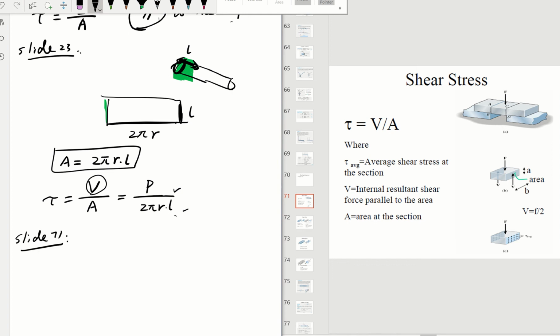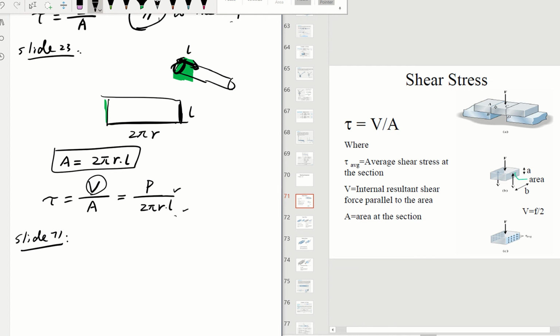For this one, you have a brake AC, the top brake, that's supported by two bottom brakes, B and D. Then there's a force acting upon the top middle section, and they want you to find the shear stress. If we do an FBD of this middle section, we take it out, and then we have the force going down.